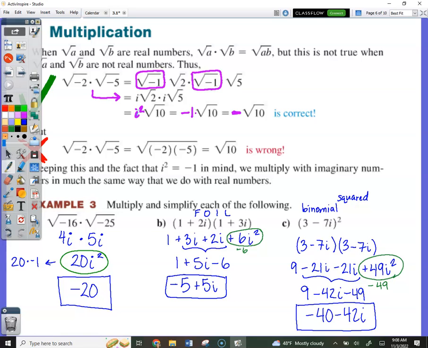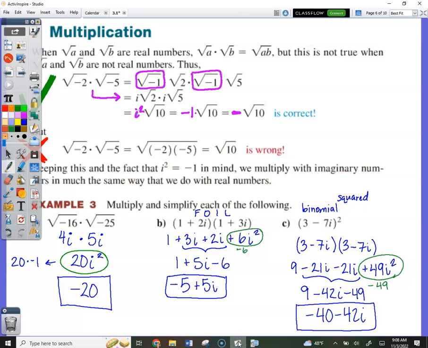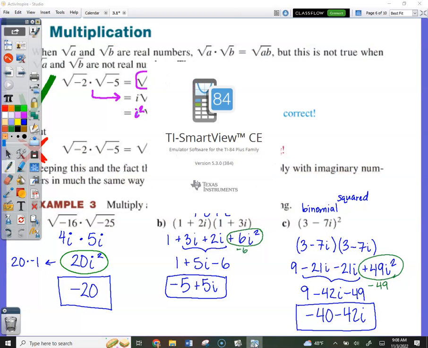You have a graphing calculator? Take your graphing calculator. Hit mode.